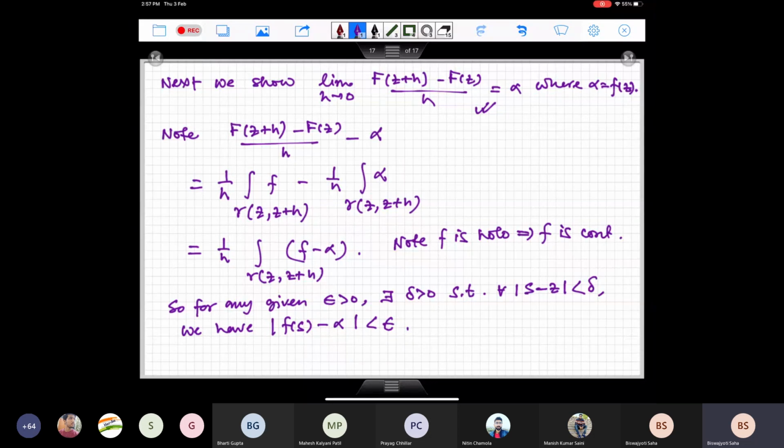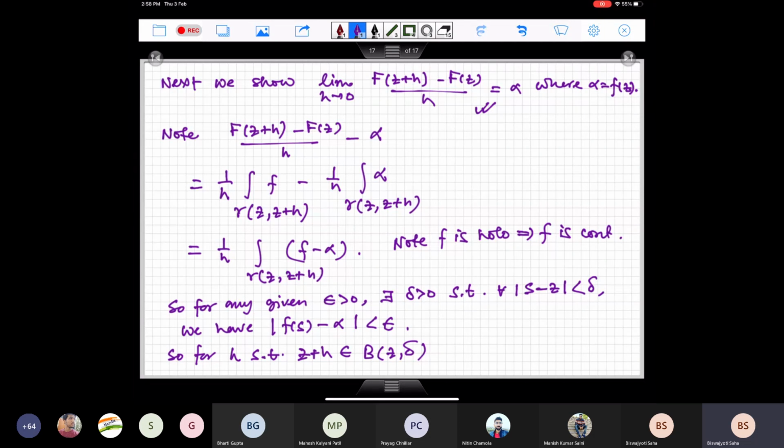So I am going to take h in such a way that z plus h is in this ball, B(z, delta), because anyway your h should tend to 0, so z plus h should tend to z. Eventually z plus h needs to be in any neighborhood around z.